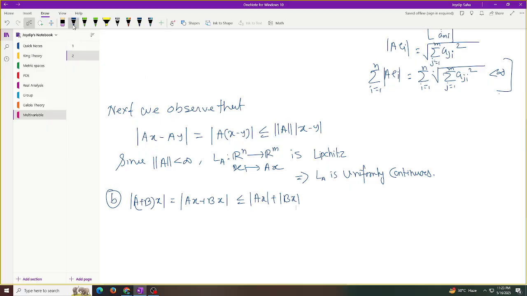Now this is less than or equal to mod x. So supremum, what is this? Take lambda equal to this.